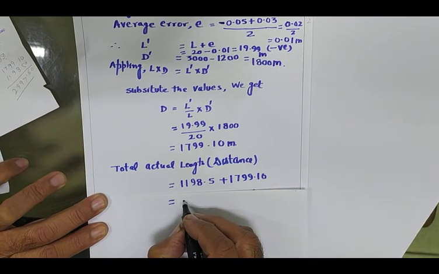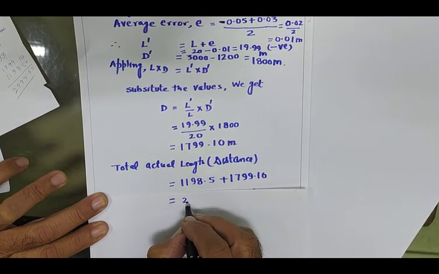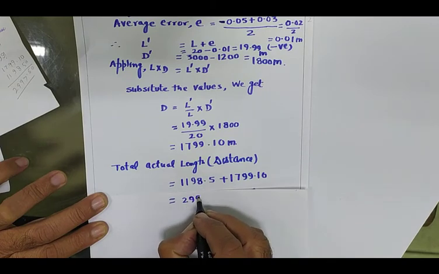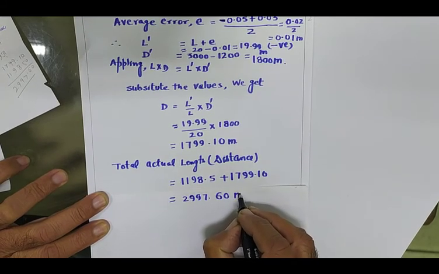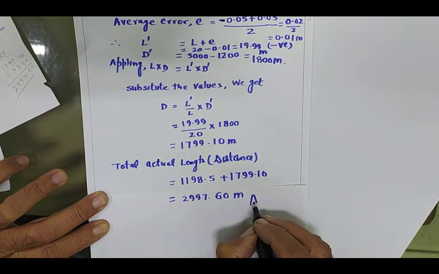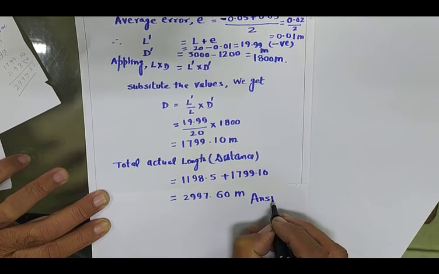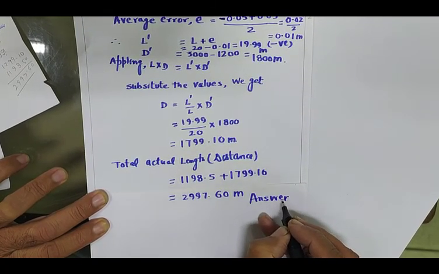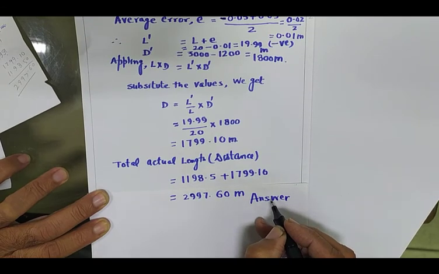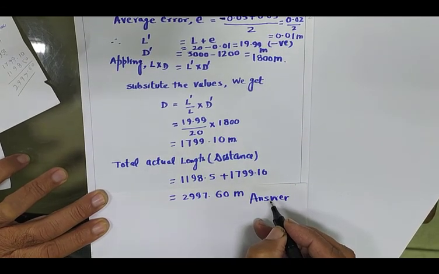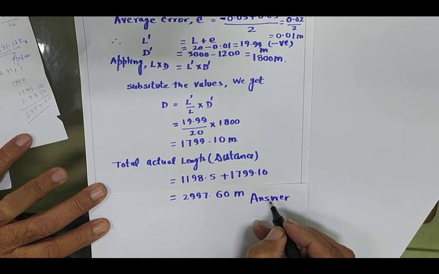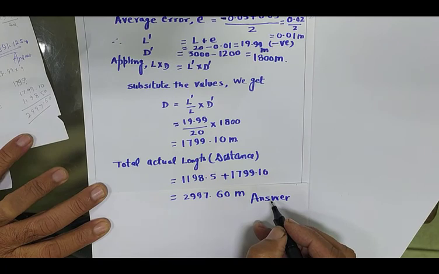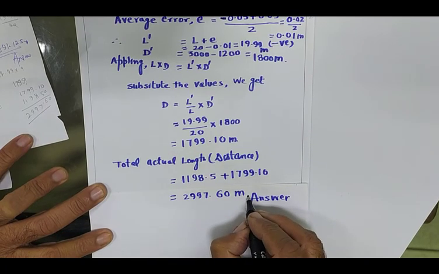This total comes to be 2997.6 meter. This is the actual distance measured by the chain. In the first case it is too short by 5 centimeter. In the second case it is too long by 3 centimeters. Thank you.